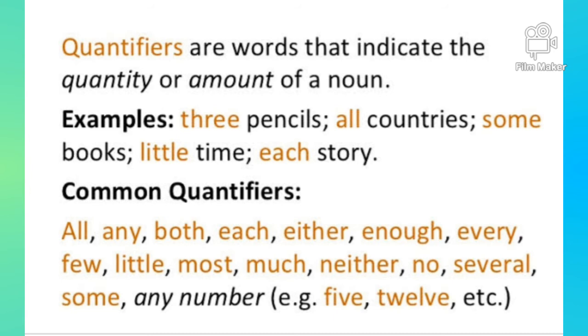Little, a very small amount: there is little water in the jug, means very small or none at all. A little: there is a little water in the jug means some water, not much. The little: I have drunk the little water the jug had, means whatever little it had, I drank.